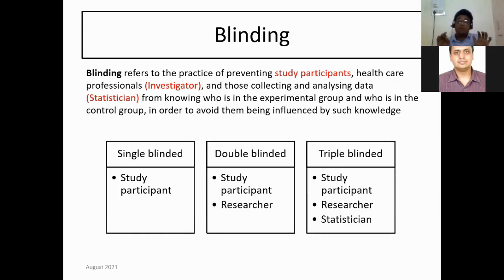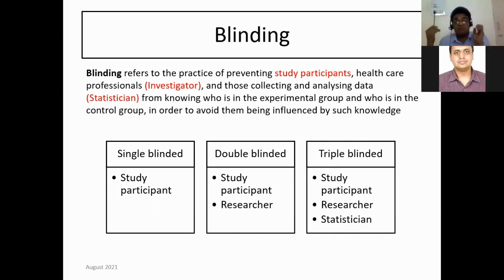Single blinded means that the study participant getting enrolled into the study does not know whether he is going to receive treatment A or treatment B. If the study participant as well as the researcher do not know whether he is receiving treatment A or treatment B, this is called a double blinded study.